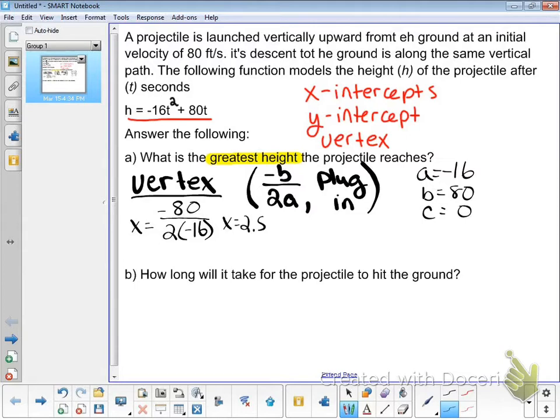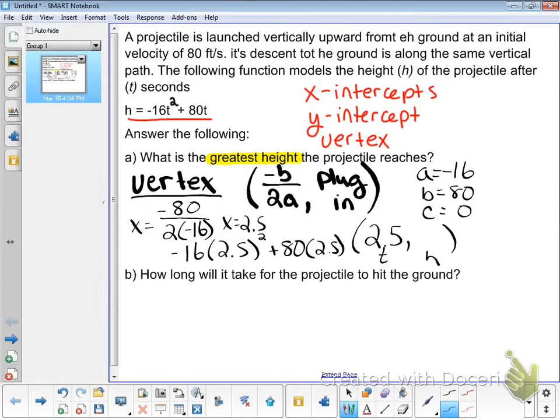So I now know that the x value of my vertex is 2.5, or in this case, it is the t value. To find the y value, or the h, I'm going to plug 2.5 into the problem. So negative 16 times 2.5 squared plus 80 times 2.5.